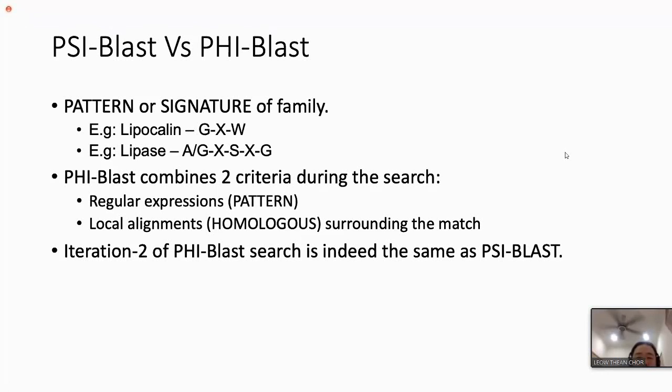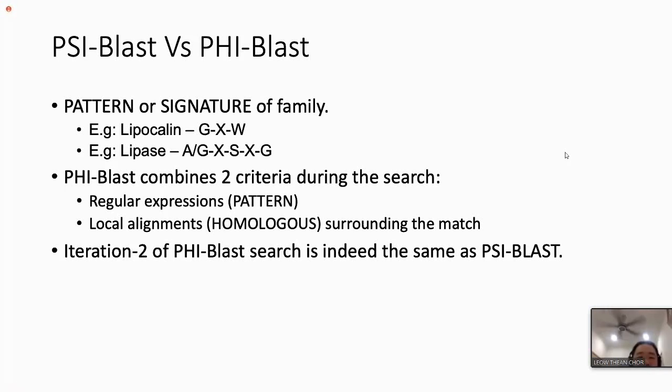PHI-BLAST is a variant of BLAST, something very similar, that focuses on the alignment and construction of the PSSM around a motif. So meaning that they fulfill these two criteria.